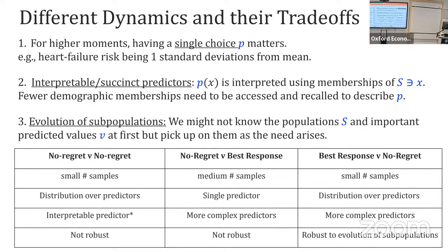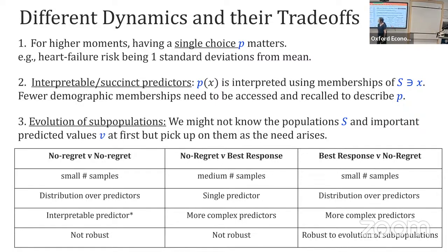That type of prediction starts to depend on things that aren't just about means, but on variances as well. And having randomness makes those predictions less meaningful, okay? For those examples, you really want a single predictor, and single predictor can be guaranteed only in one type of dynamic, where the predictor is using no regret and the adversary is using best response.